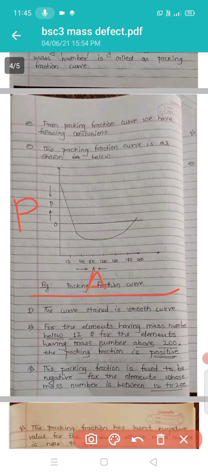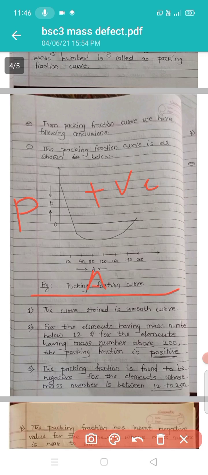From the packing fraction curve, we have some conclusions. The curve obtained is a smooth curve. For the elements having mass number below 12 and for the elements having mass number above 200, the packing fraction is positive.